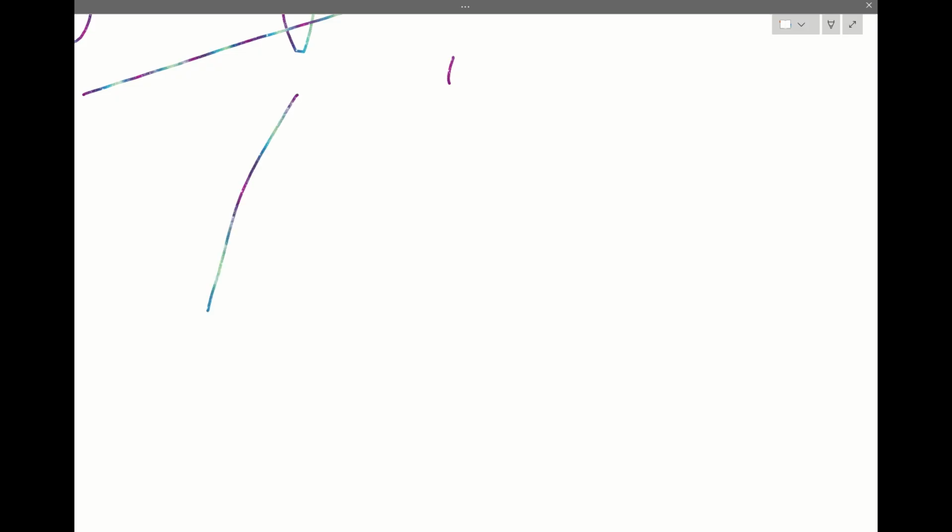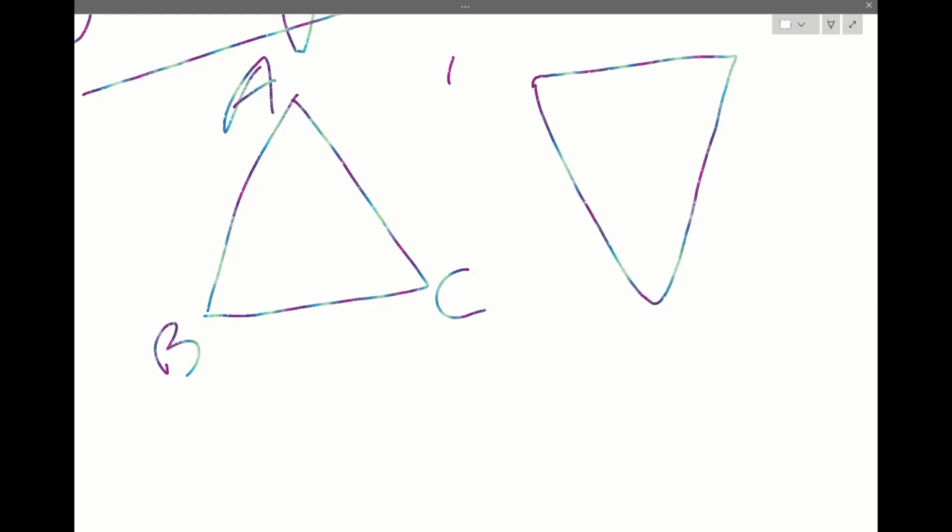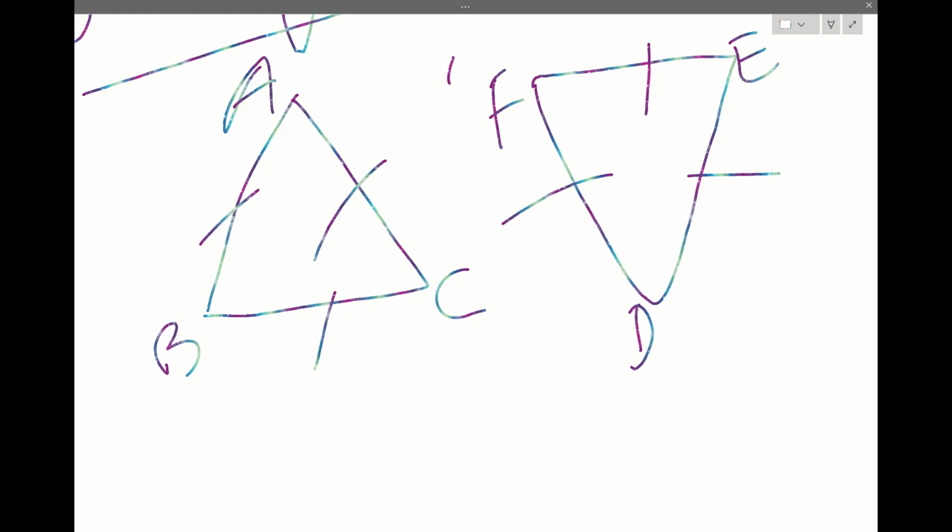For example, the triangle ABC, then there is another triangle. Here BC equals EF, and this side equals this side, and this side equals this side. Then these triangles can be said to be congruent on the basis of the SSS criterion. If the corresponding angles are also equal, then also the triangles can be said to be congruent.